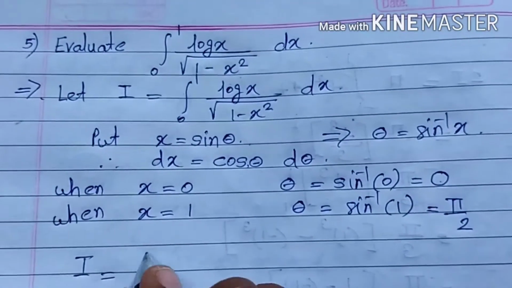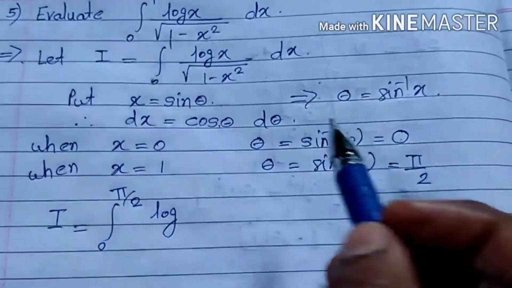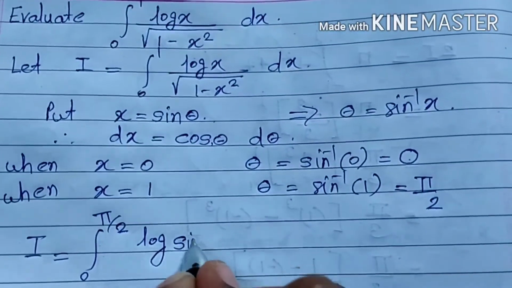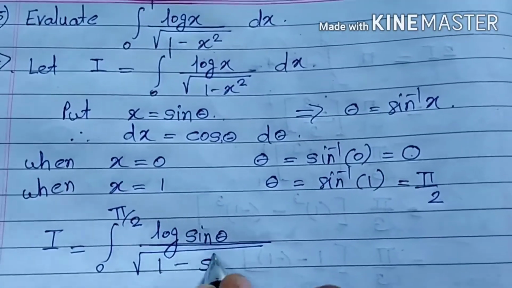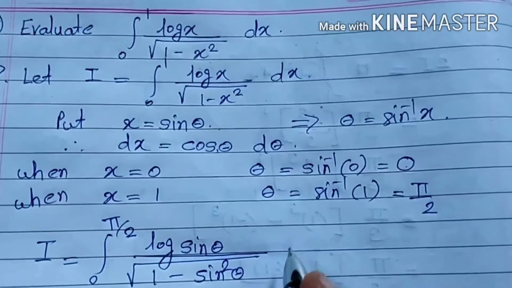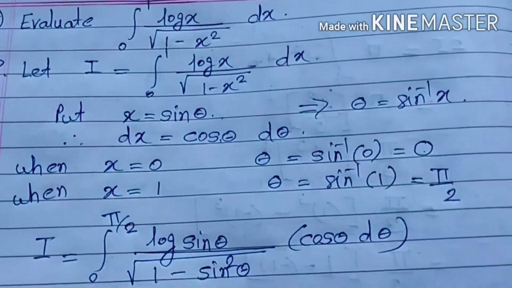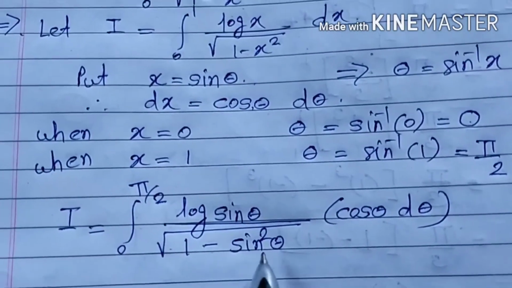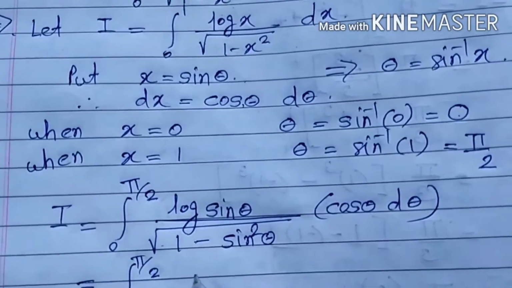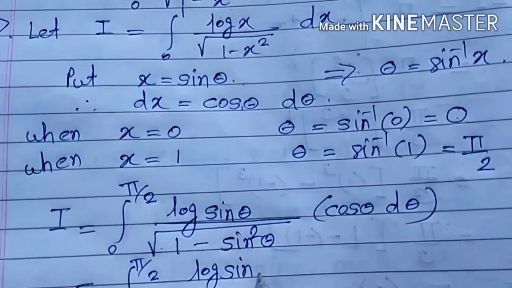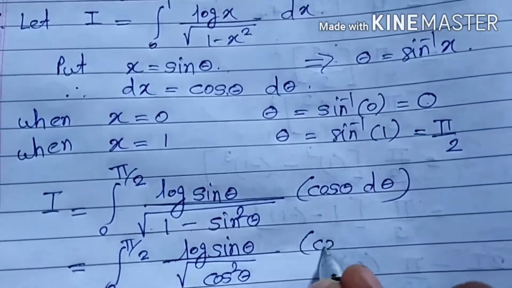So I is equal to the integral from 0 to pi by 2 of log of sin theta upon under root of 1 minus sin square theta, and the value of dx is cos theta d theta. Okay. Now next, under root of 1 minus sin square theta is under root of cos square theta. So it is the integral from 0 to pi by 2 of log of sin theta upon under root of cos square theta, and here it is cos theta d theta.